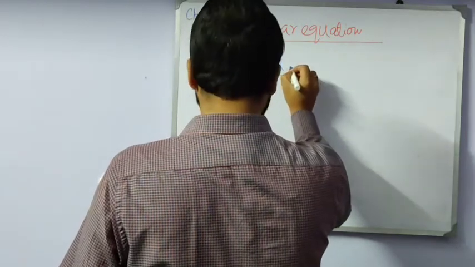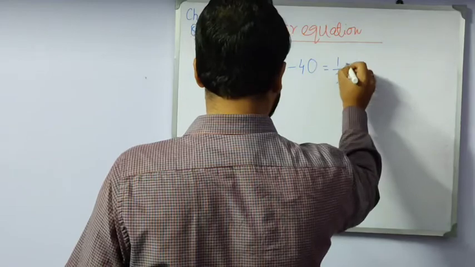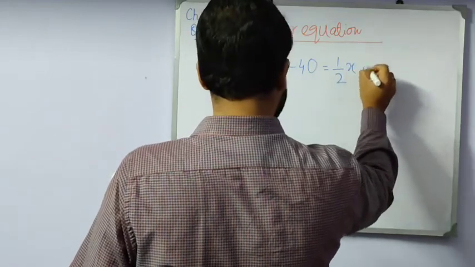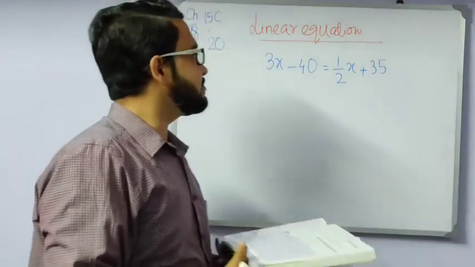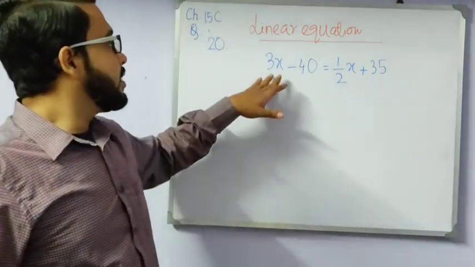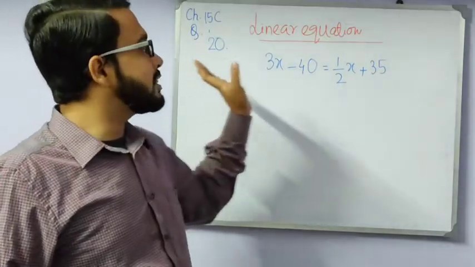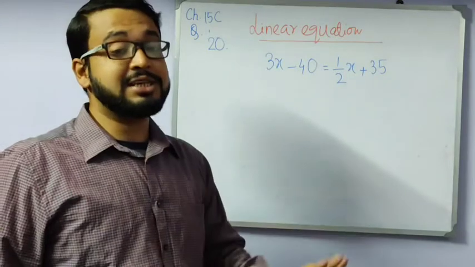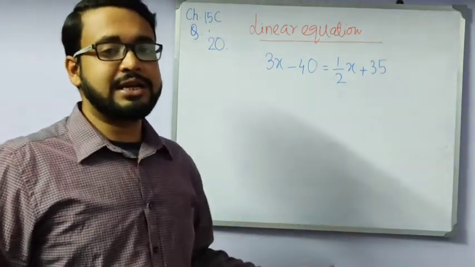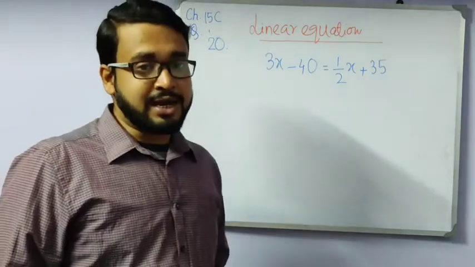3x minus 40 is equal to half of x plus 35. Linear equation. What is a linear equation? Linear equation means you have to put all the x in one side and all the other integers on the other side by changing their signs, the process that you learned in your 5th standard.